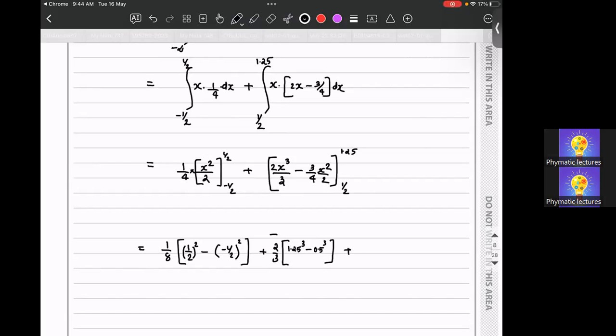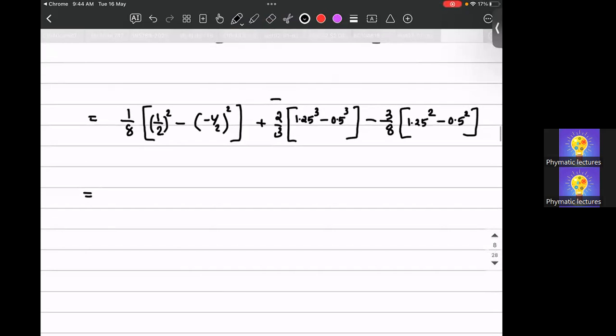Minus 3 by 4 into 2 is 8, so we can take 3 by 8 outside, and this is 1.25 square minus 0.5 square. Please substitute these values.